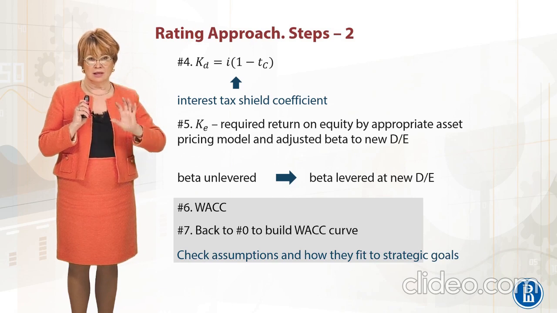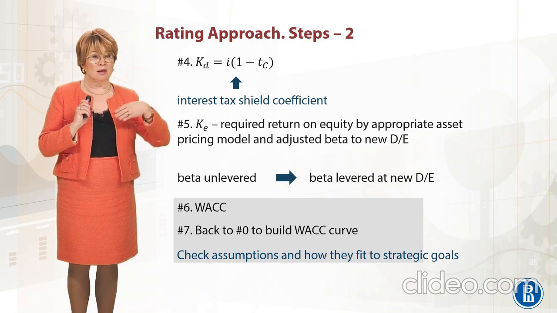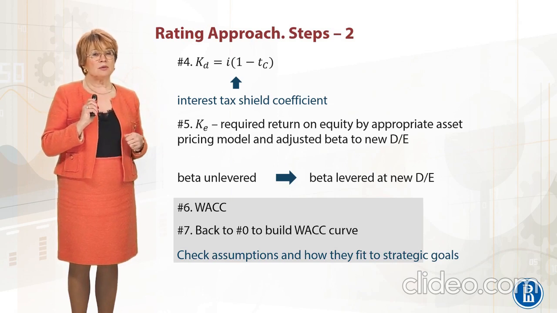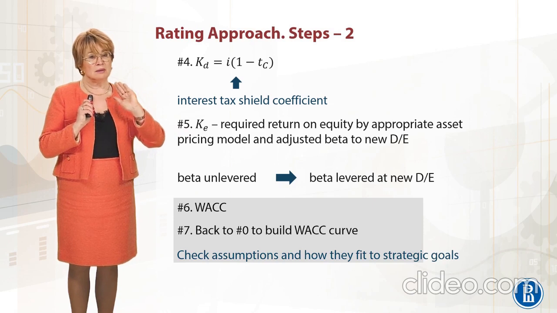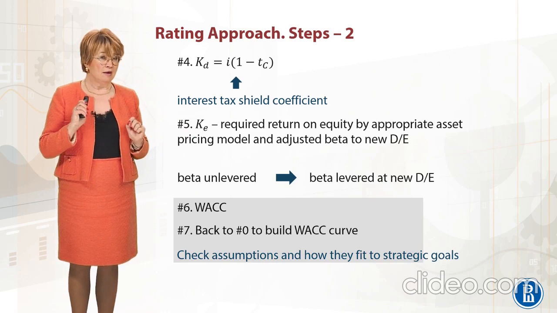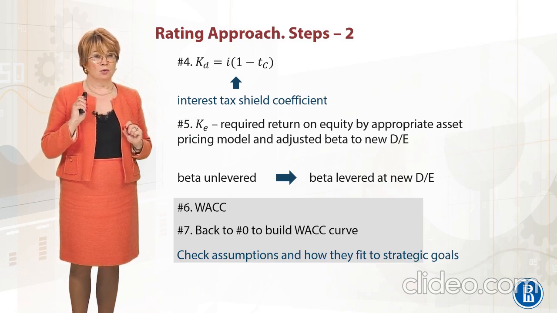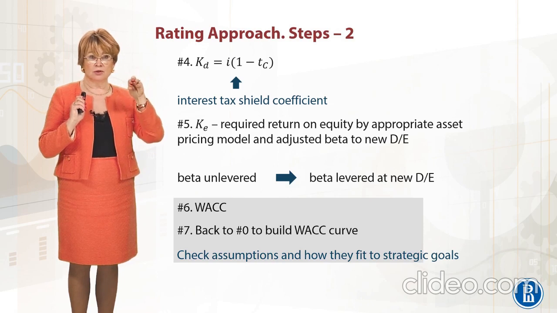You will need, of course, here the beta. You will need beta unlevered because you are changing your capital structure, and you will get at first beta unlevered, which will show you as if you do not have any debt financing in your capital structure, which will capture only your operational risk.